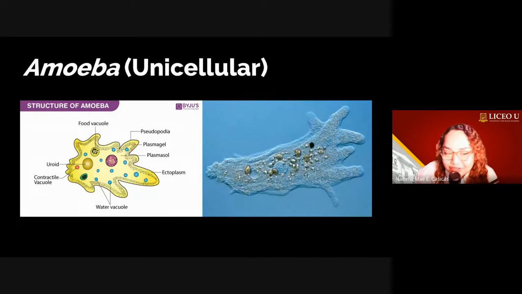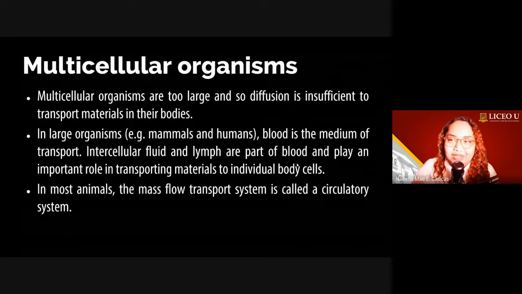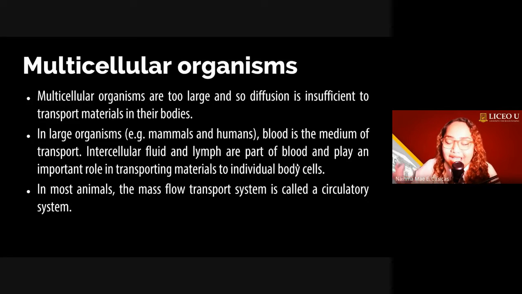Kita dili. Because we have a true circulatory system, no? For us, multicellular organisms, we cannot use diffusion a lot because if we did use diffusion as our main transport system, then our actions, our metabolism, our activities will not be as complicated or complex as what we do now.